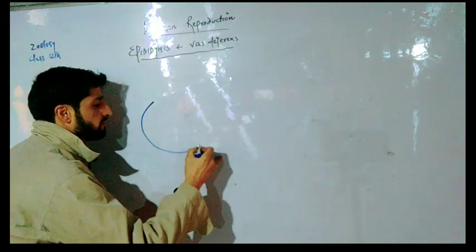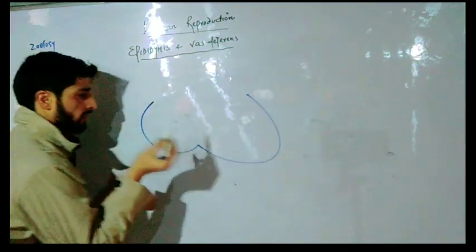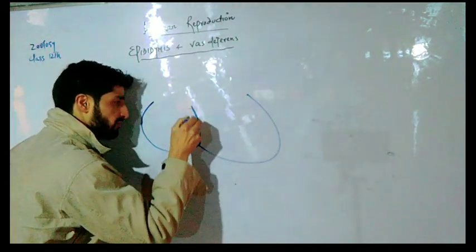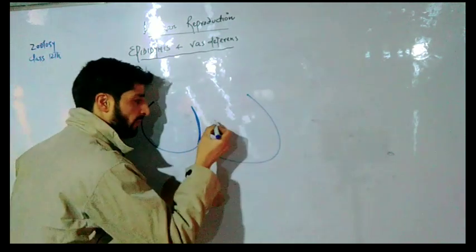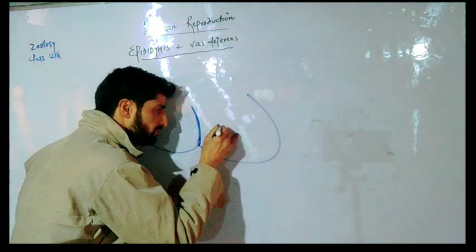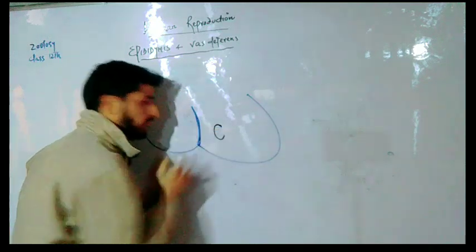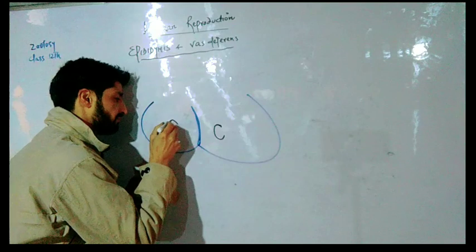Let us suppose this is the scrotum, and this is the muscular partition of the scrotum, and inside the scrotum, let us assume this structure is the testicle. Obviously here also there will be a testicle.